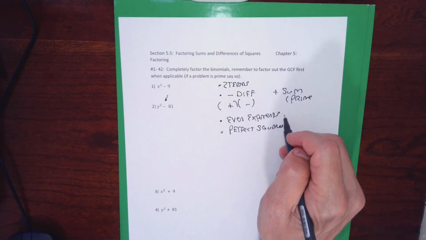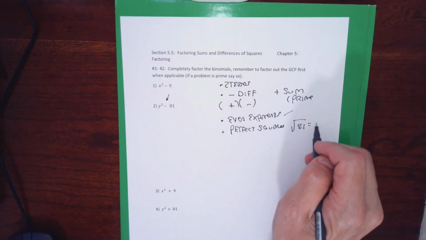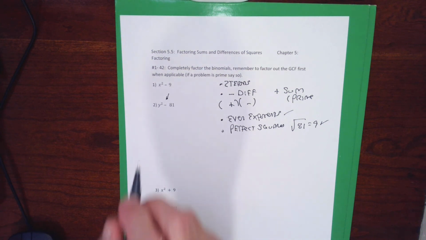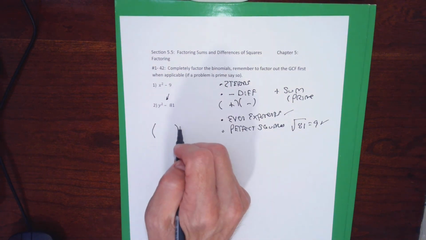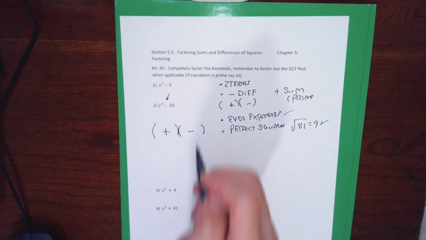The even exponent is good, and the square root of 81, if I pulled my calculator out, would be 9. So it is a perfect square. So if this is a difference of squares, let me go factor this. I'm going to make two parentheses. One's going to have a plus sign, the other's going to have a minus sign.